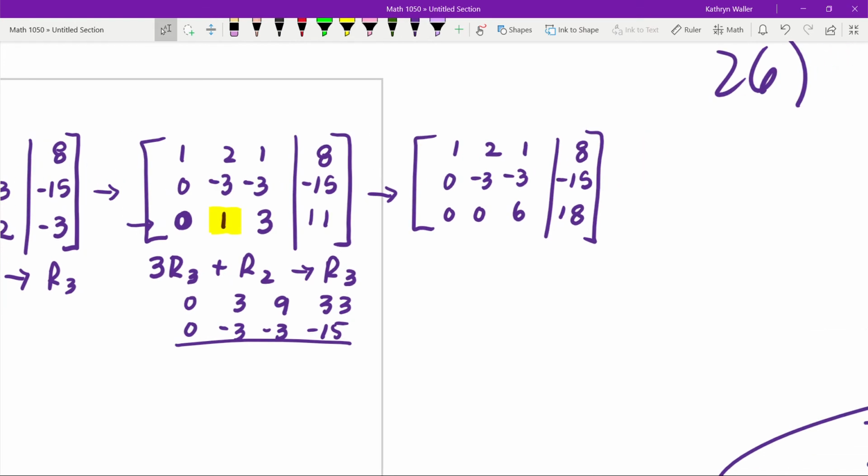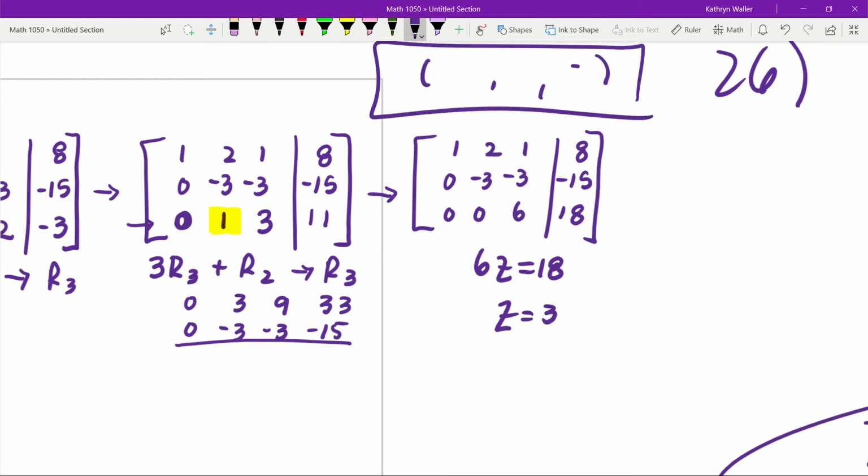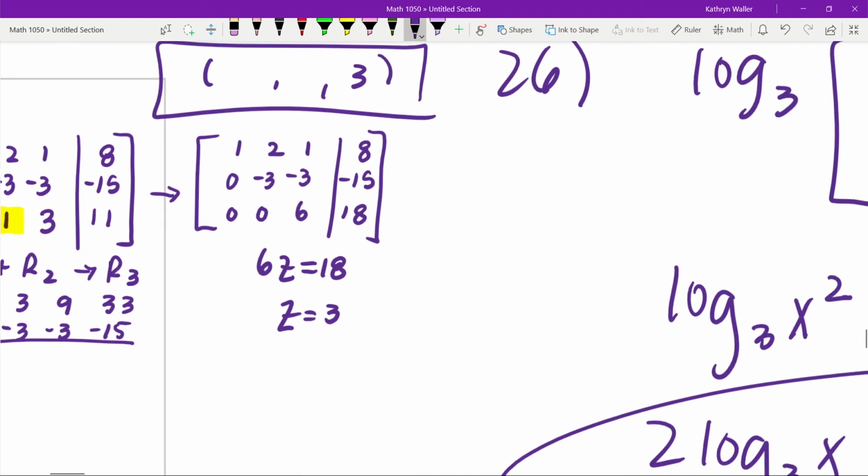On the bottom, no x, no y, 6z equals 18, so z must be 3. You have to write it as an ordered triple. The third value is a 3. Go up to row 2. No x, minus 3y, minus 3z equals negative 15.